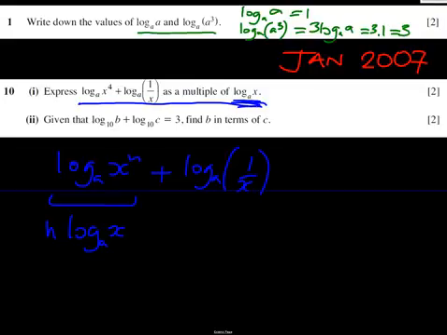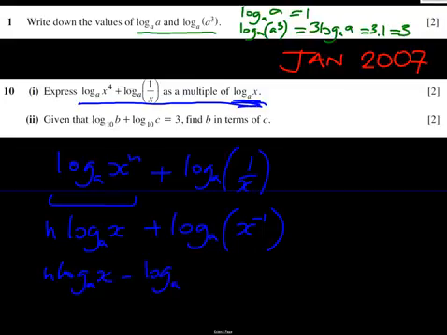Now with this second one, let's reorganize that into a power arrangement. So 1 over x is x to the minus 1. Is that useful? We could go that way, and therefore we're going to have n log A of x, minus 1 times log A of x.